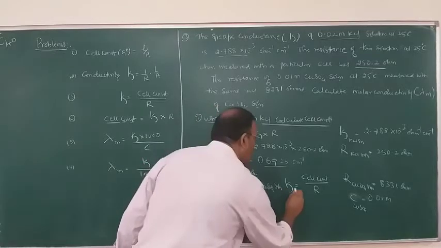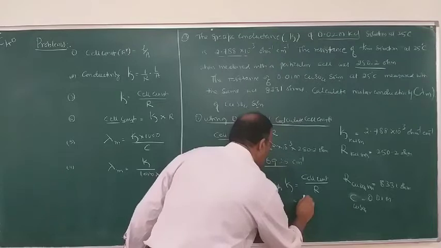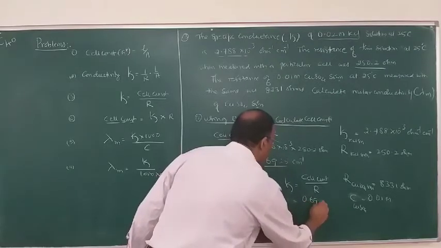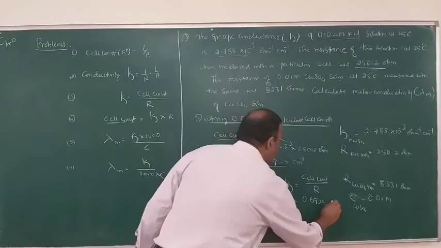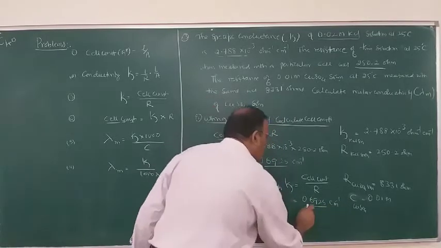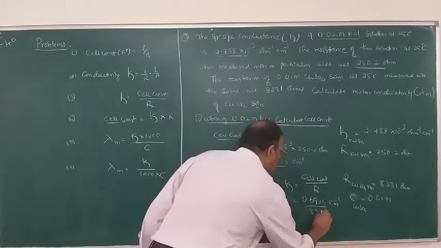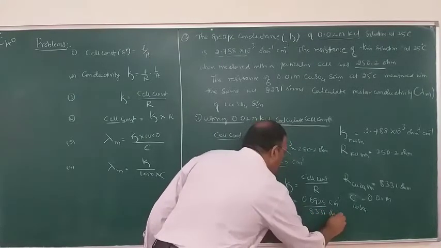It is equal to cell constant, 0.6925 centimeter minus 1, divided by R, resistance of solution, 8331 ohm.